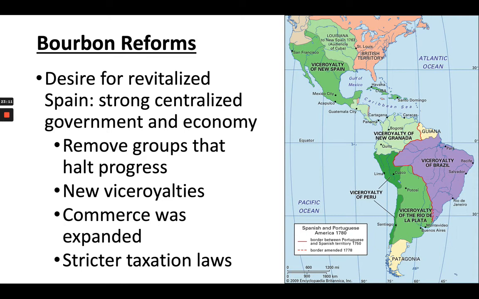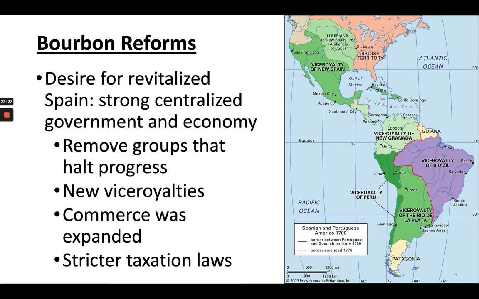And they also remove any groups that they see as standing between them and their goals, like the Jesuits. For example, the Jesuits, although you might have a lot of Spanish priests, Jesuits are going to be more loyal to the Pope and thus Rome than to the Spanish crown. So Jesuits will be expelled from the Spanish Empire in 1767.